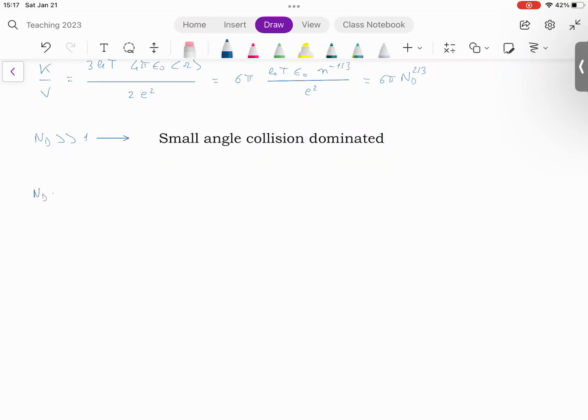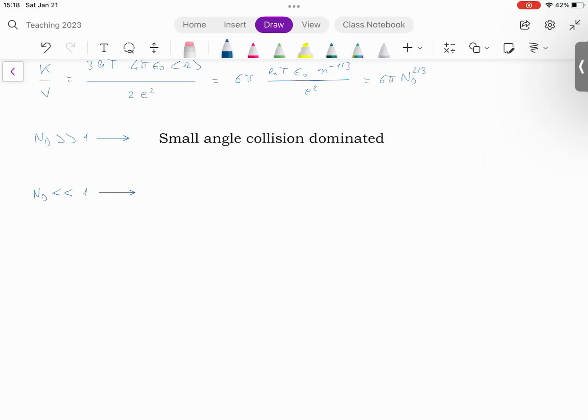On the other hand, if the plasma parameter is small, and again, here I have the advantage of using pure numbers, so small and large have a meaning. I can say a lot bigger than 1 is large, a lot smaller than 1 is small.